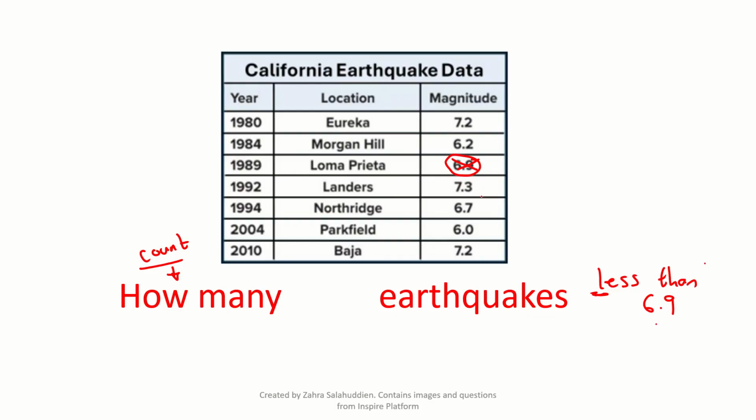I want anything smaller than this. Smaller than 6.9. 7 is bigger. So all the ones bigger than 6.9, I'm going to take it away. So now I'm left with 3 numbers, 6.2, 6.7, and 6. So I have 1, 2, 3. Okay, this is how we can count less than, and I've already showed you how to count more than.